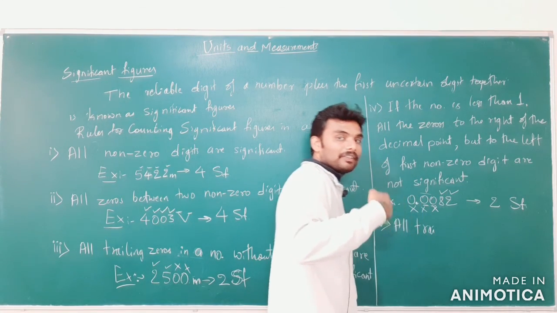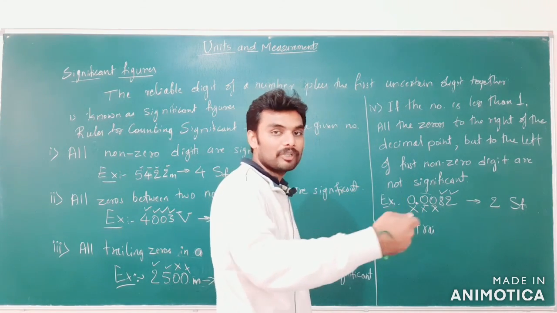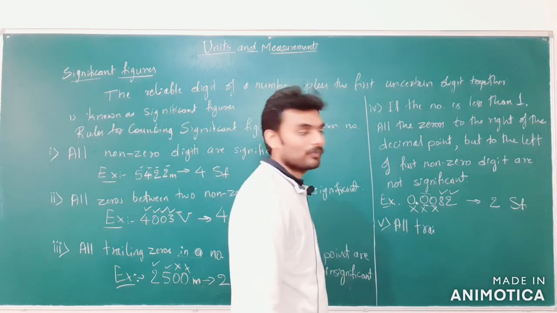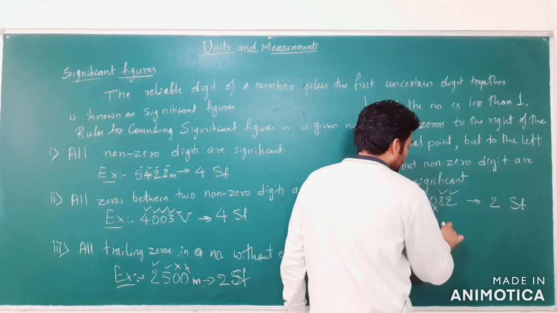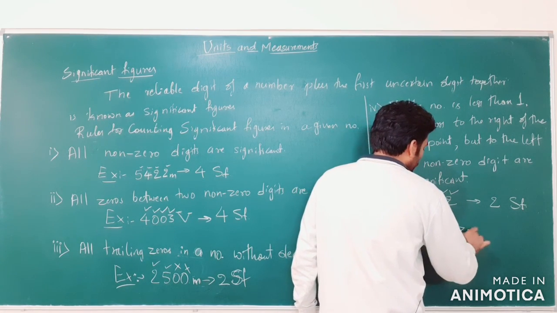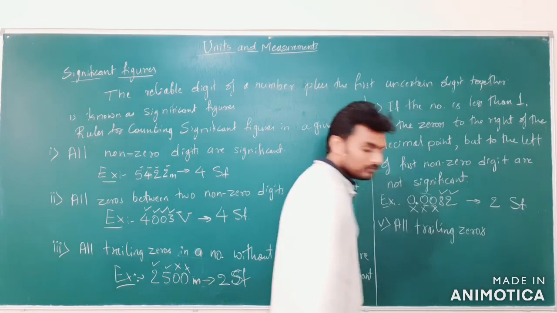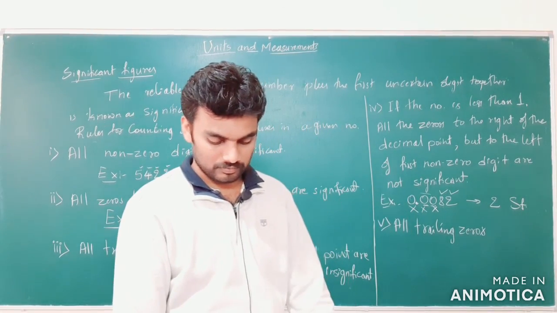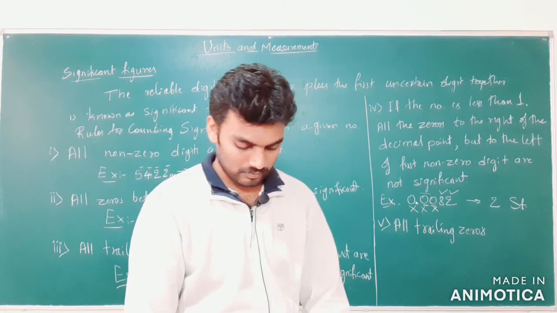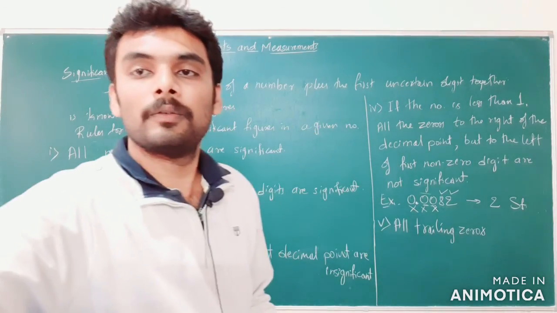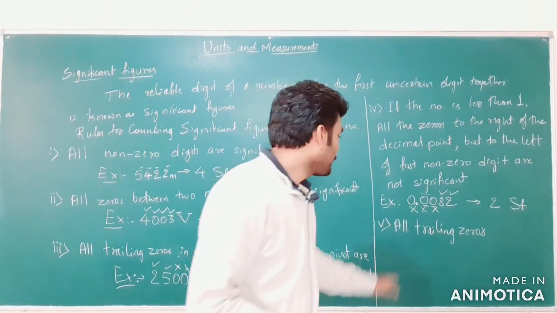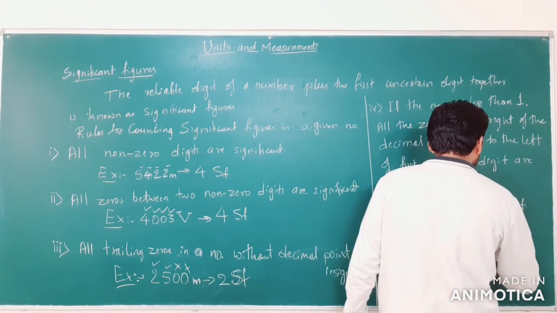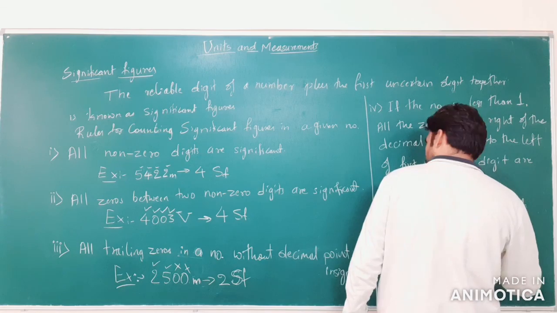If we have zeros at the ending of the number, then we call them trailing zeros.